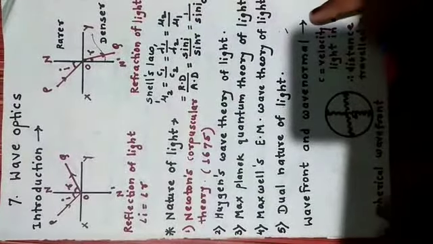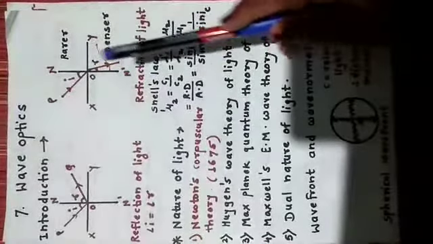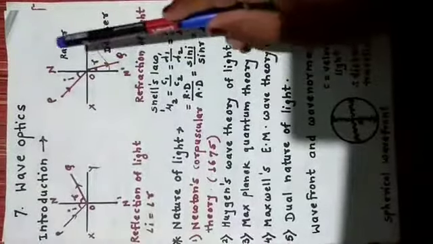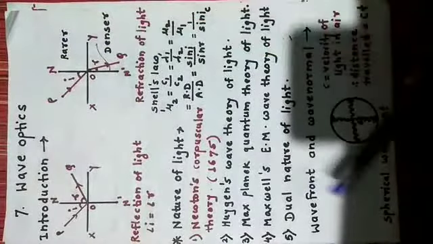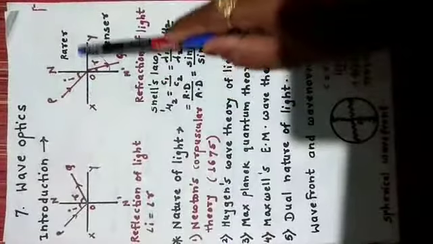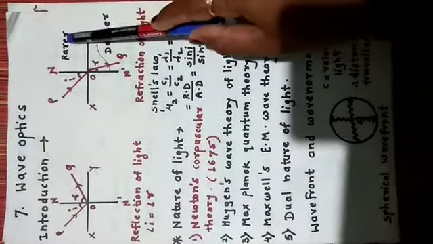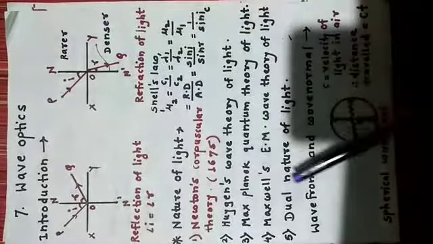Now we are moving towards the refraction of light. For the refraction of light, a minimum of two mediums are necessary. Here we are considering the refracting surface XY, which separates the two mediums, rarer medium and denser medium.